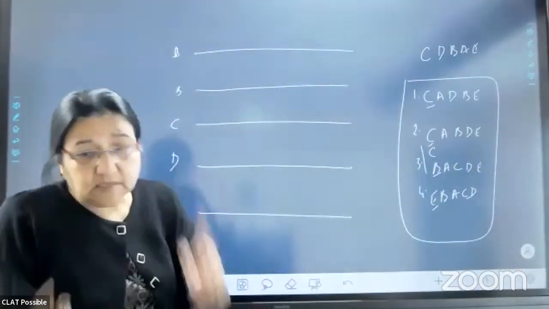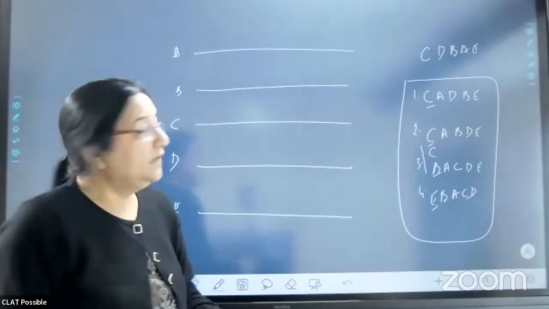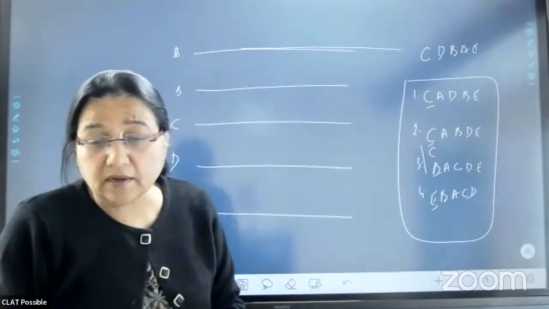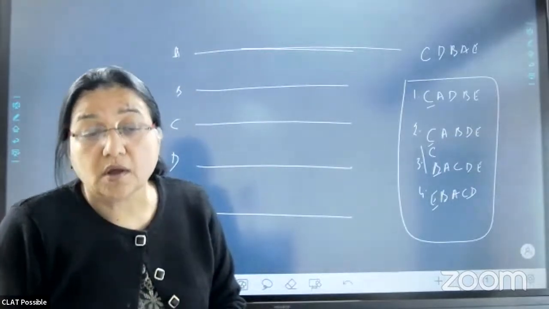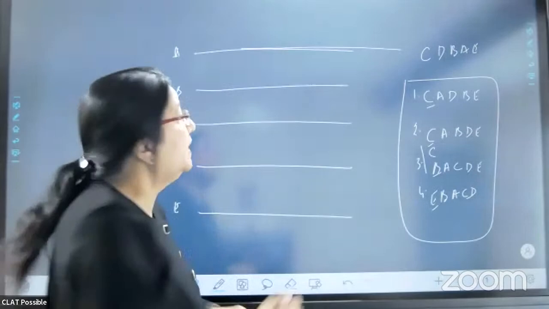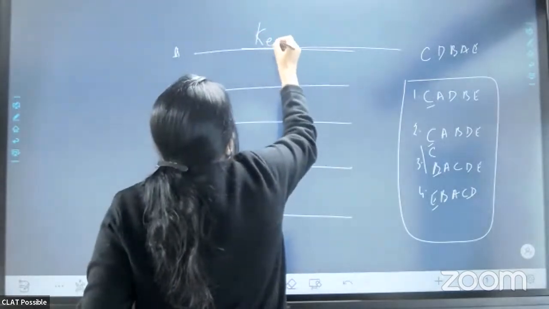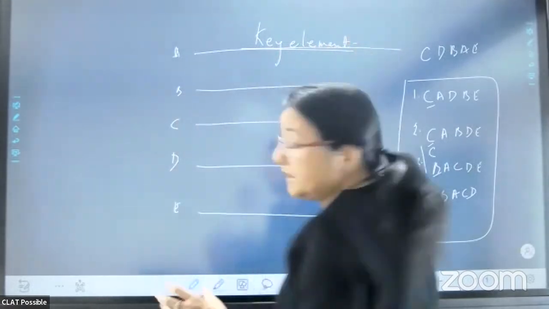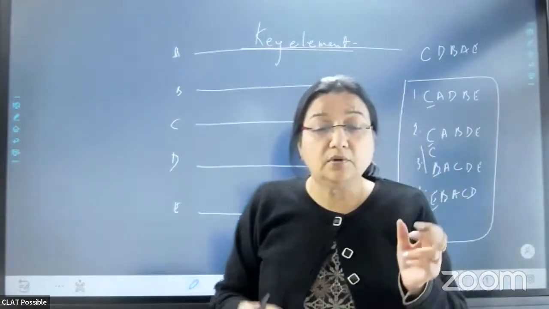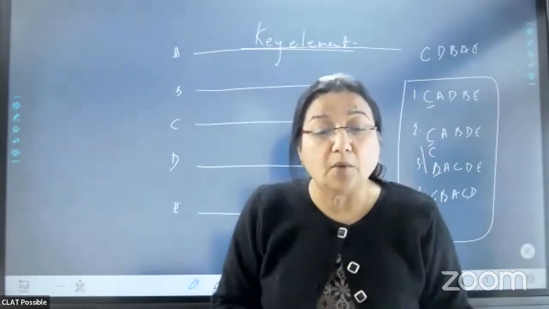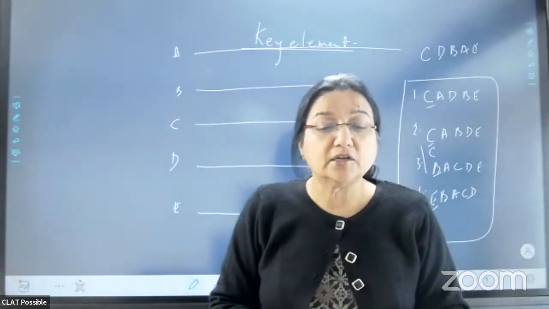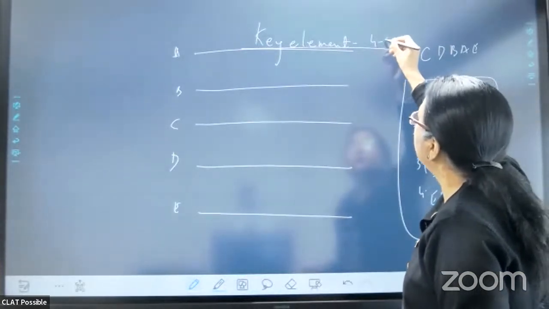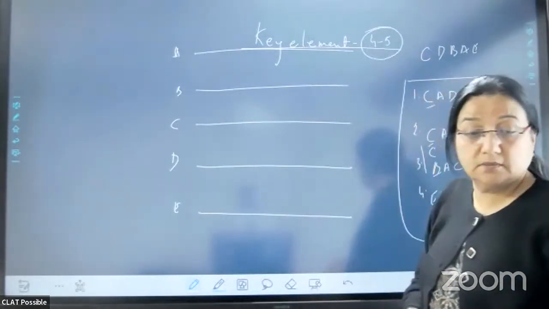Whenever you're reading, now this is a step that you all have to learn in reading. Whenever you're reading a parajumble line, make it a point to skim that line and come down to the key element of that line. Key element means I skim it, working out the essential element, the topic of that line, and making it short by freezing that line under 4 to 5 words, or maybe 3 to 4 words.